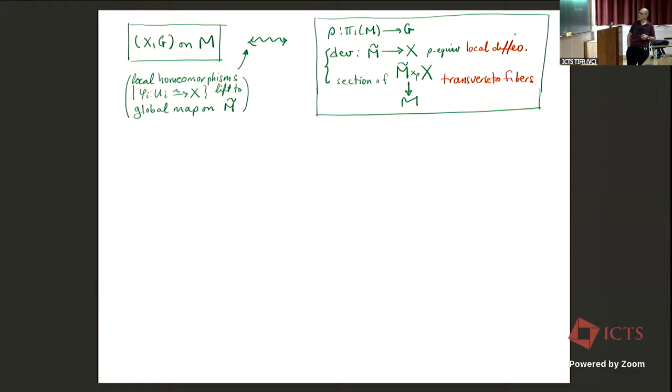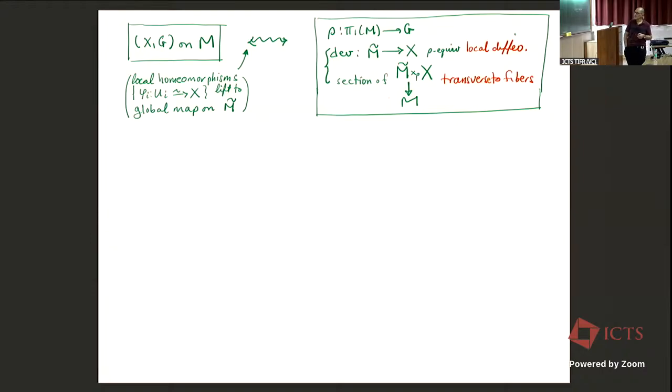This is called the developing map. So this data becomes equivalent to a representation of the fundamental group and a rho-equivariant map on the universal cover that's putting all these local descriptions together. But in order to define an XG structure, you need this global thing to be a local diffeomorphism. So that's the extra bit.